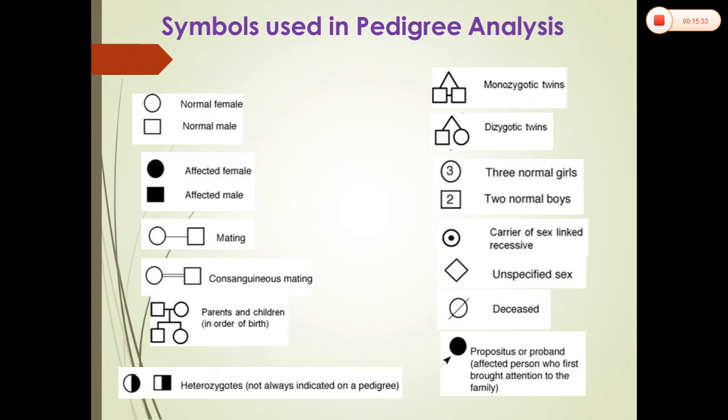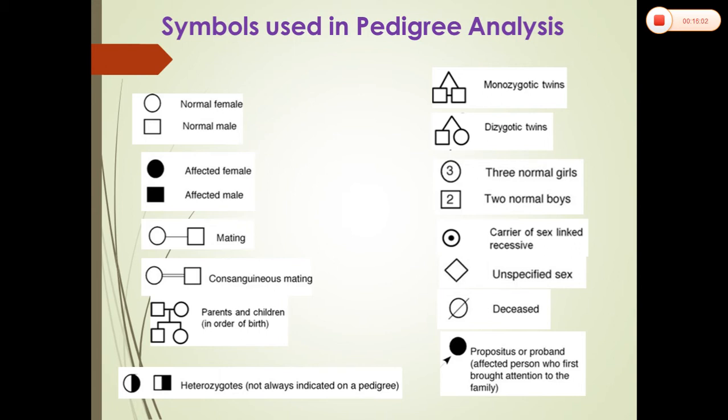Fine. Now these are the symbols you have to remember. You have to draw all these symbols in your notebook. This is very important. Do practice, recall all the symbols, because whenever we start solving the pedigree, we are going to use symbols for normal male, normal female, affected male, affected female, then their marriage, offspring.